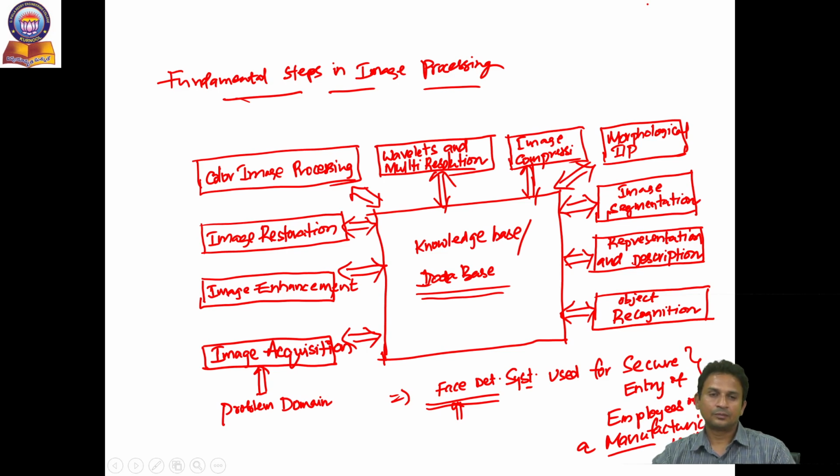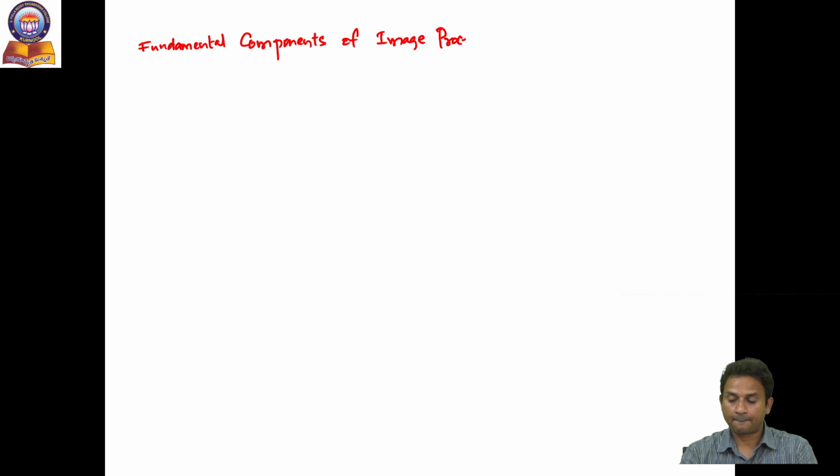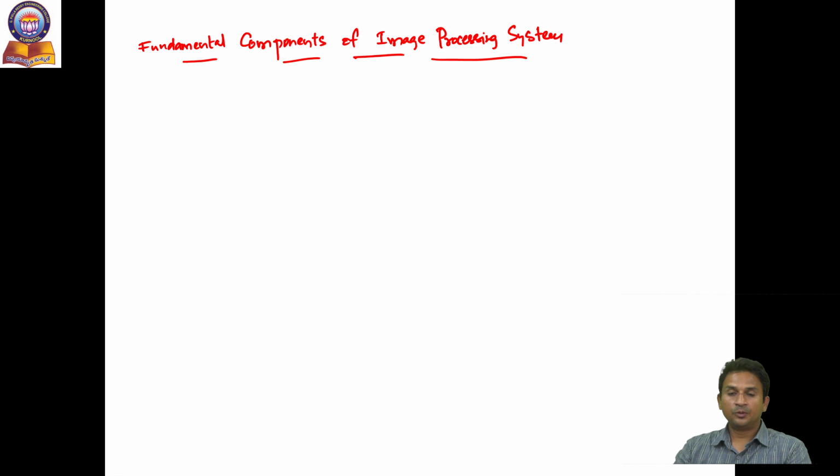Now let us continue with another topic: the fundamental or basic hardware requirements, the fundamental components of an image processing system. If you want to design and deploy an image processing system, we need some hardware elements.